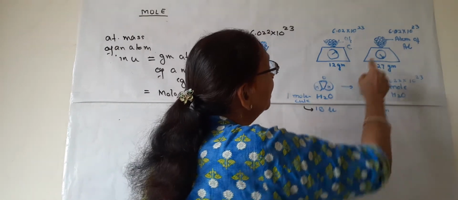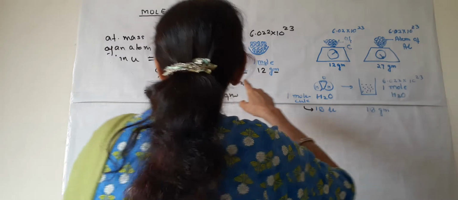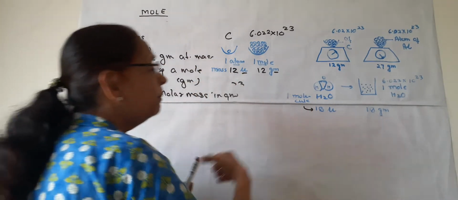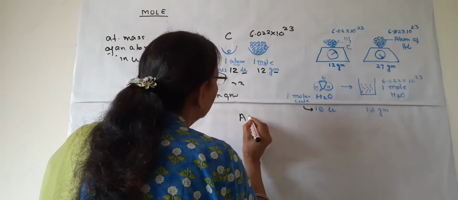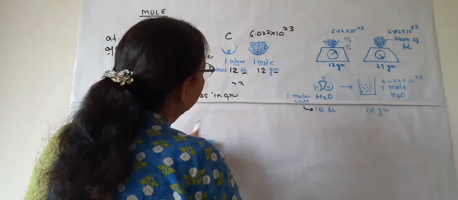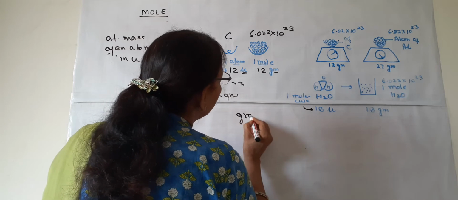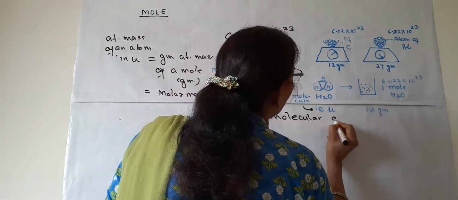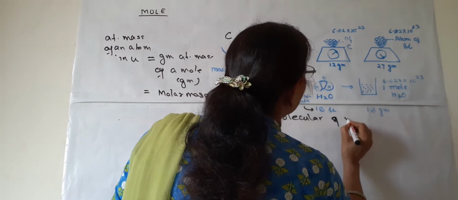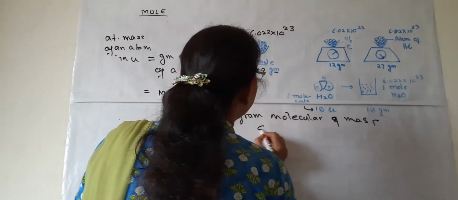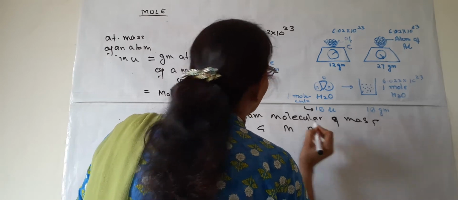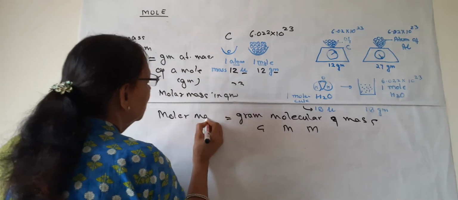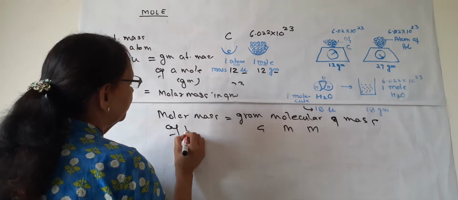Because it is molecular, here we call it gram atomic mass. Here I have written gram atomic mass. But if it is of a molecule, it is known as gram molecular mass, or GMM, and it is equal to the molar mass of the molecule.